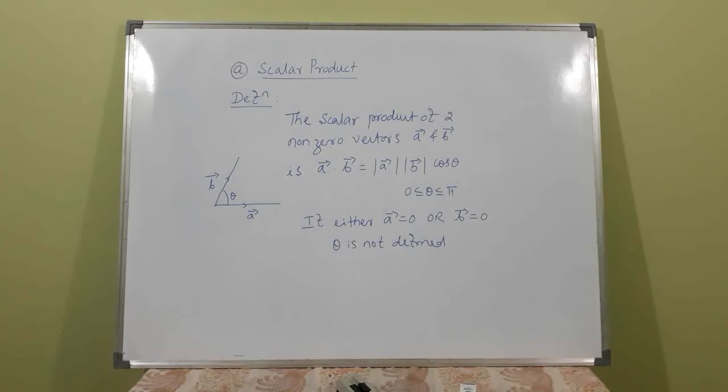Here theta lies between 0 and pi. If either vector A is 0 or vector B is 0, theta is said to be not defined. What you have to remember is A dot B is equal to A into B cos theta. Some authors may denote modulus of A by simply A, or bolded letter A indicates vector A.